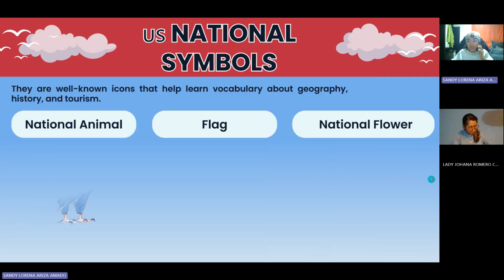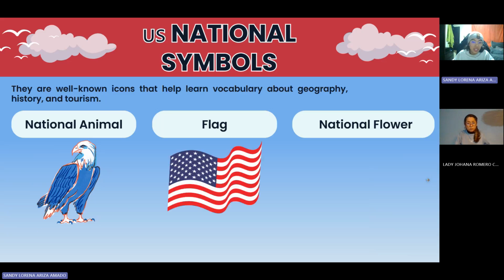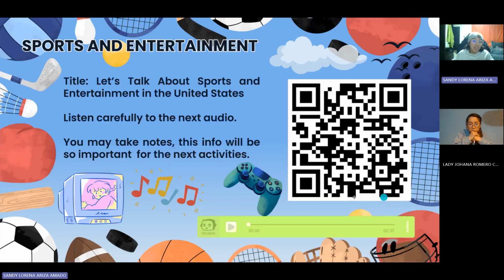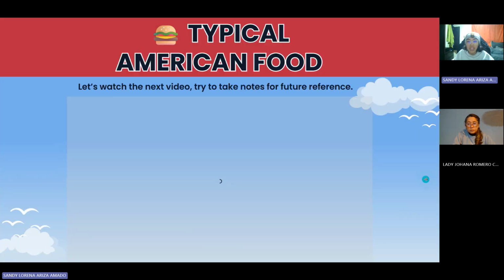Then we are going to be showing some general icons of the United States: the flag, national animal, national flower, among others. And then the next topic is the same as the previous one. They should listen to an audio or scan the audio and play it on their mobile phones, and take notes.